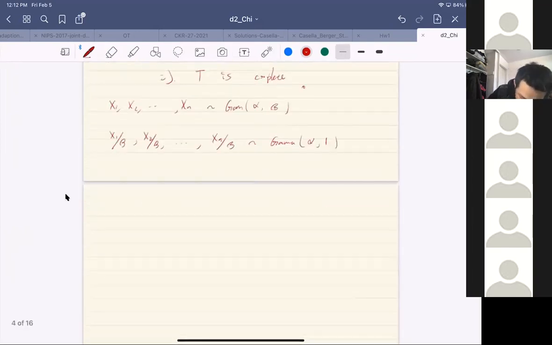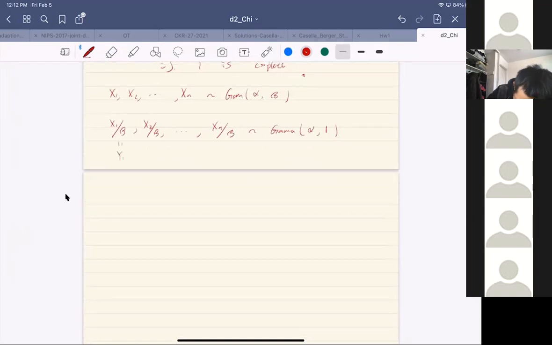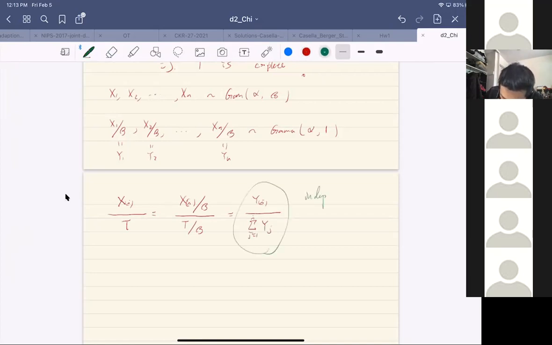If these are y1, y2, yn, then Si divided by t is equal to Si divided by beta over t divided by beta, which is equal to yi divided by summation yj, j from 1 to I. And this one is independent of beta.